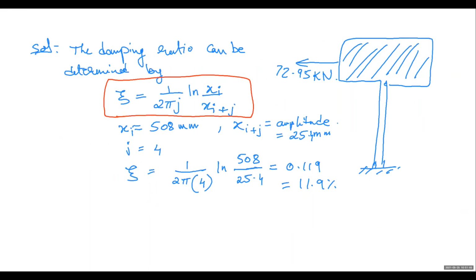And when it is pulled with a force of 72.95 kilonewton, the displacement was found as 508. So based on these two parameters, if you draw the free body diagram, this is the displacement delta, and the force that it is pulled with, 72.95.